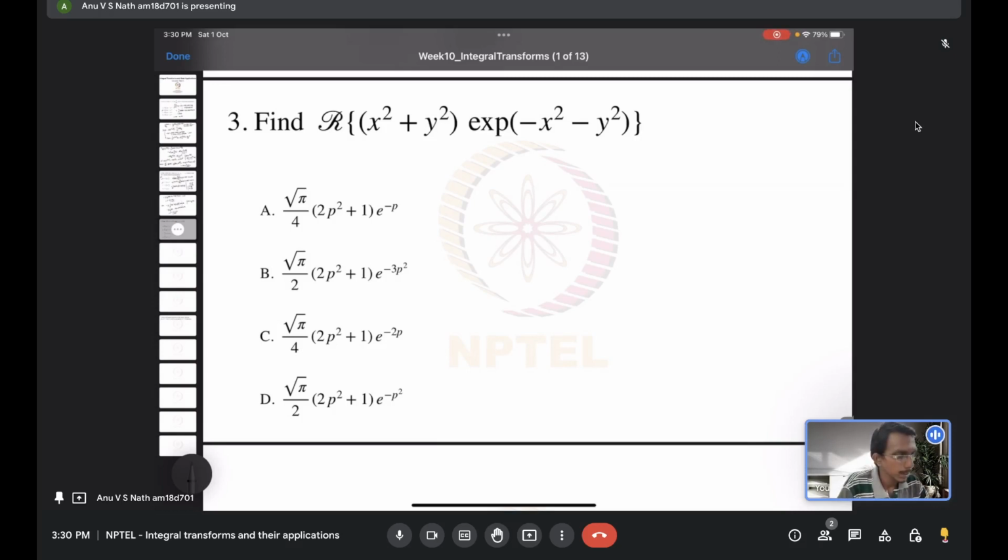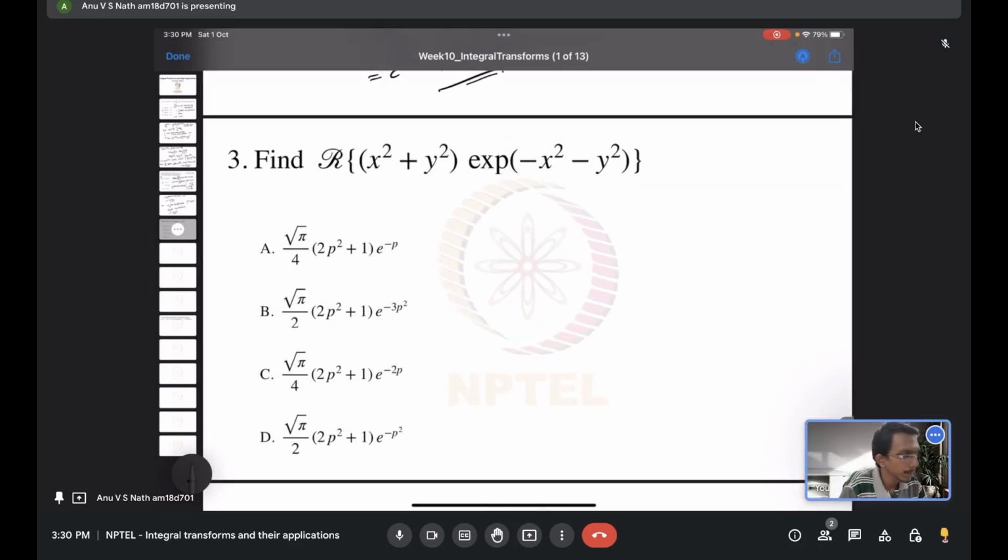Okay, now I will explain how we can do this. Like we have seen earlier, we will use the basic definition, which is the Radon transform of any function f of x comma y. I have told two expressions, one involving the delta function, and one is the general form, f of x comma y times ds.